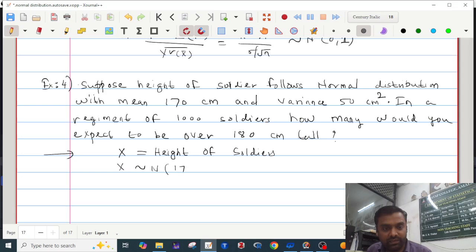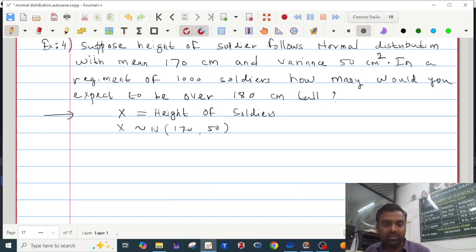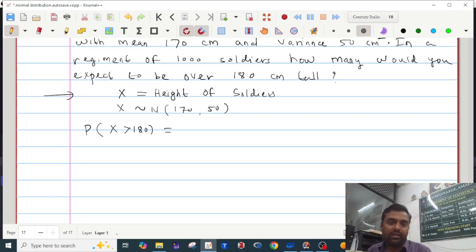Its mean is 170 and variance is 50. And the question is, in a regiment of 1000 soldiers, how many would you expect to be over 180 centimeter tall? So to find this, we have to find the probability of X greater than 180.